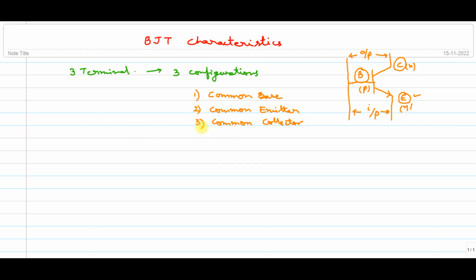These three configurations, each configuration can have three different characteristics.